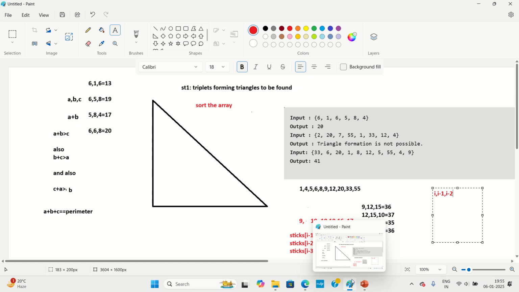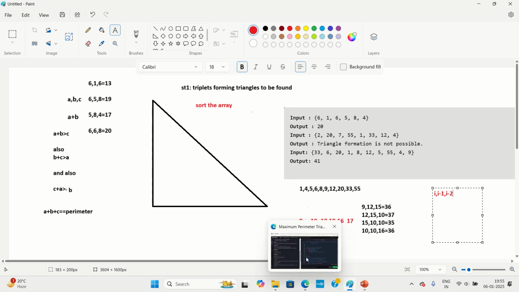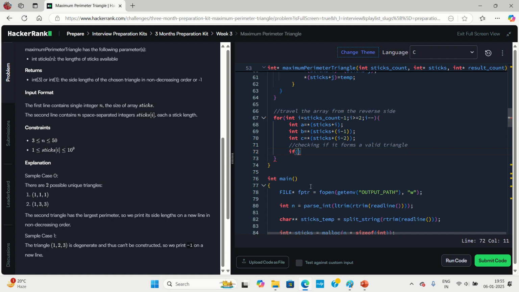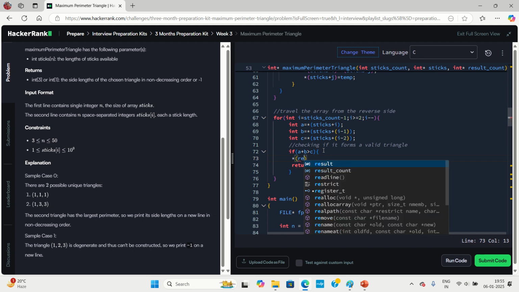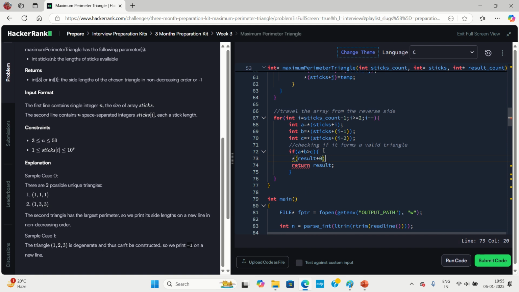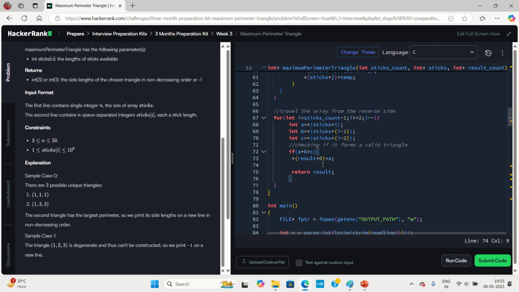So we can just check if A plus B is greater than C, then we can return the result array, right? So what will be there in the result array? In result of 0, we are going to have A. Because we also need to see there is a condition given, the lengths of the chosen triangle in non-decreasing, that is ascending order.